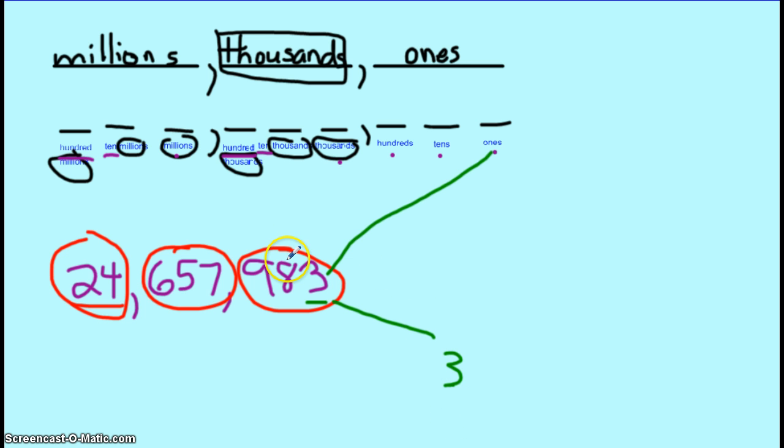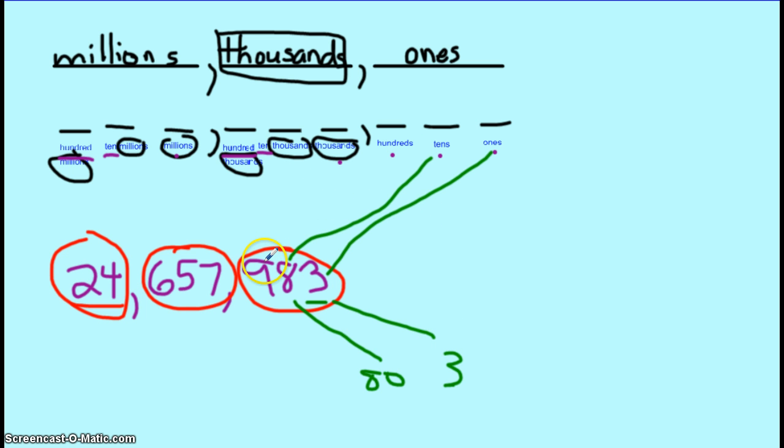If we go to the next digit, 8, it is in the tens place. If I have 8 tens, that means I've got to count 10, 8 times. So that's 10, 20, 30, 40, 50, 60, 70, 80. So the value of this 8 is 80.